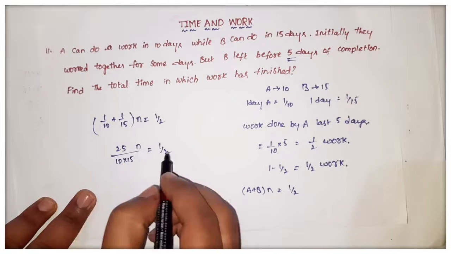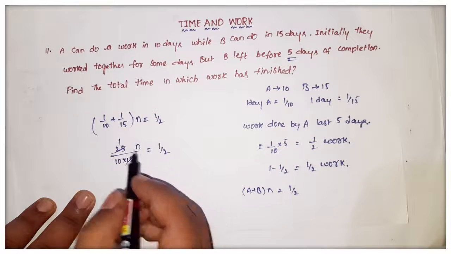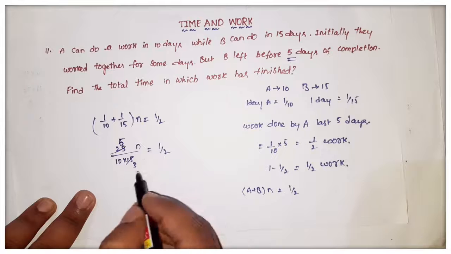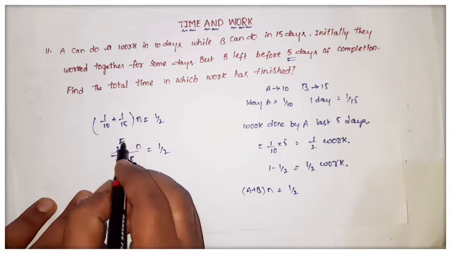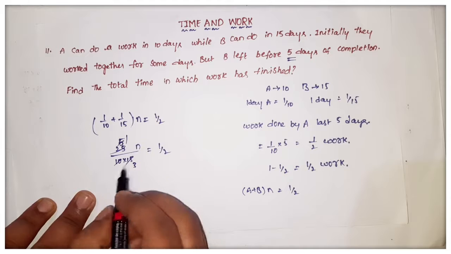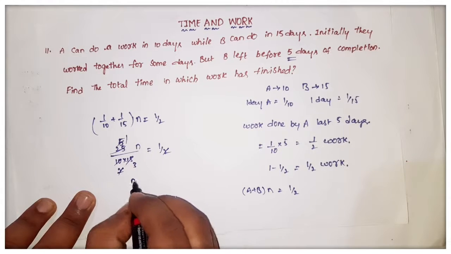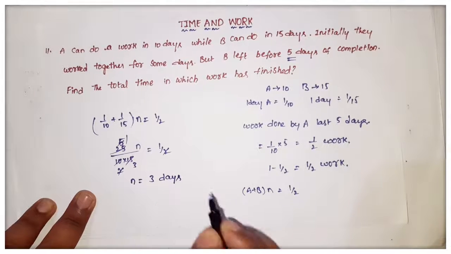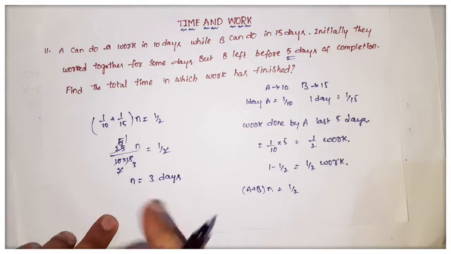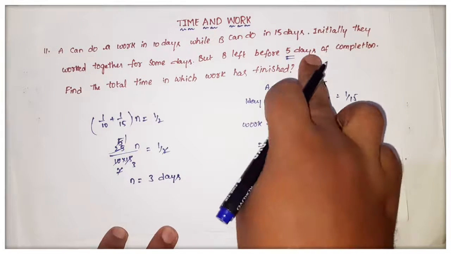So 5 ones are 5, threes are 3, 5 fives are 5, 5 threes are 3... these two get cancelled. n equals 3 days.